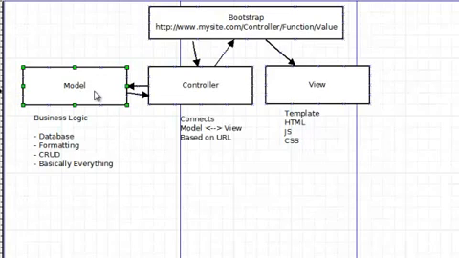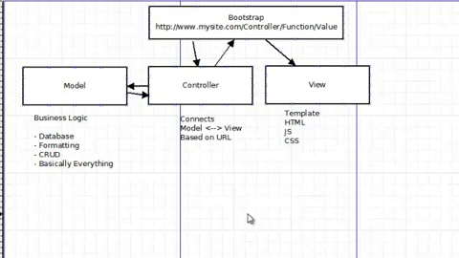The model would do whatever it needs to do, like update a database record, and send the results back to the controller, and then the controller would either go back to the bootstrap and send it to the view, or it could just go controller to view. I'm not sure if there's really a solid standard. I see a lot of different ways of it being done.